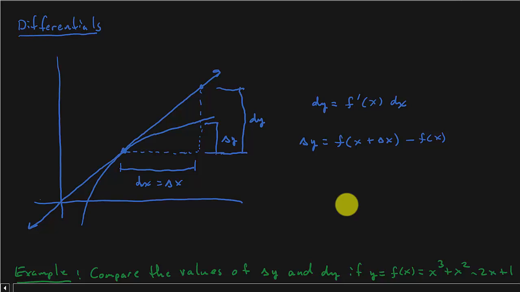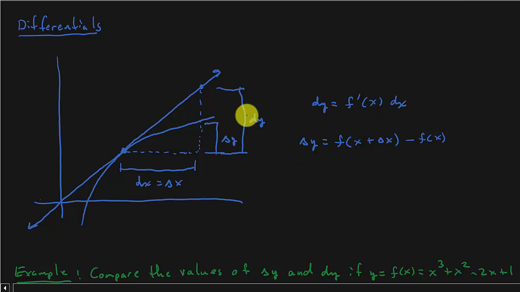So if we have y equals f of x, where f is a differentiable function, then the differential dx is an independent variable. That is, dx can be given the value of any real number. The differential dy is equal to f prime of x times dx.